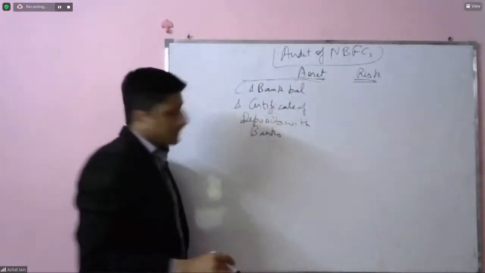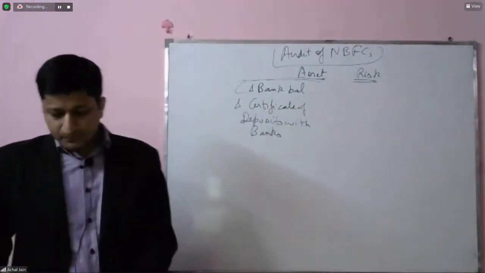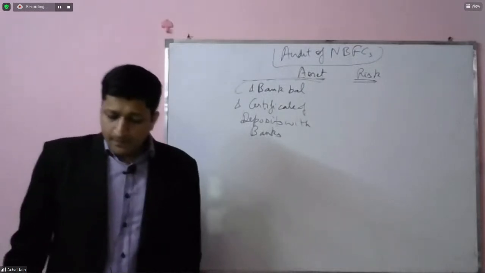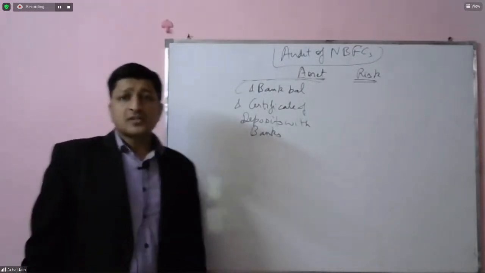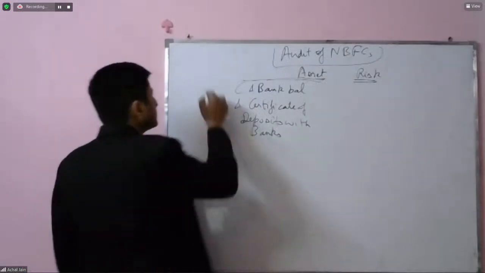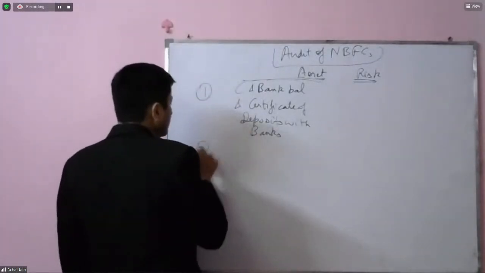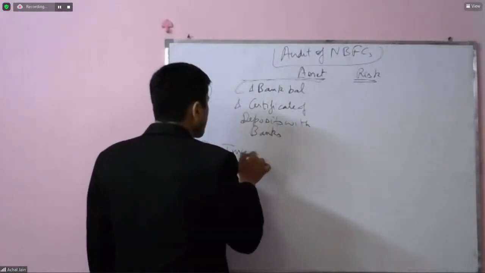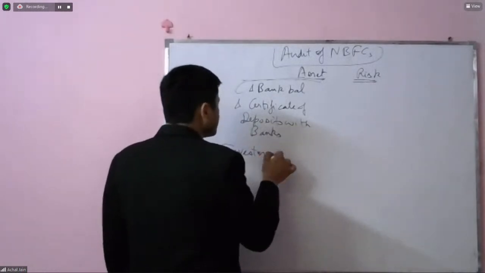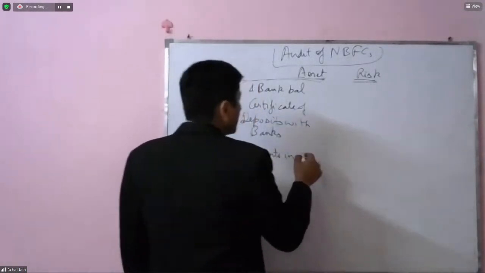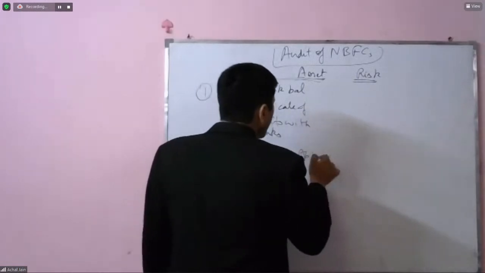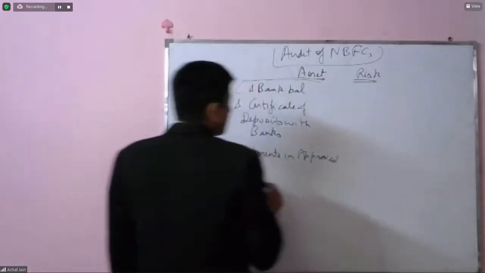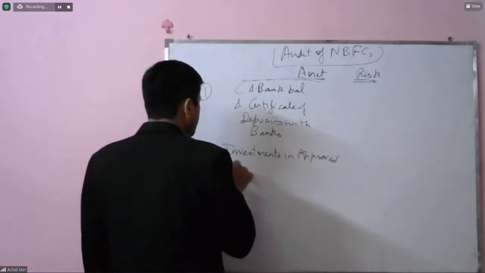Sorry for this alignment problem. Next, NBFC has got some investments. Number two, NBFC, let's suppose, has got investments in approved securities. Approved means approved as per the regulatory requirements.